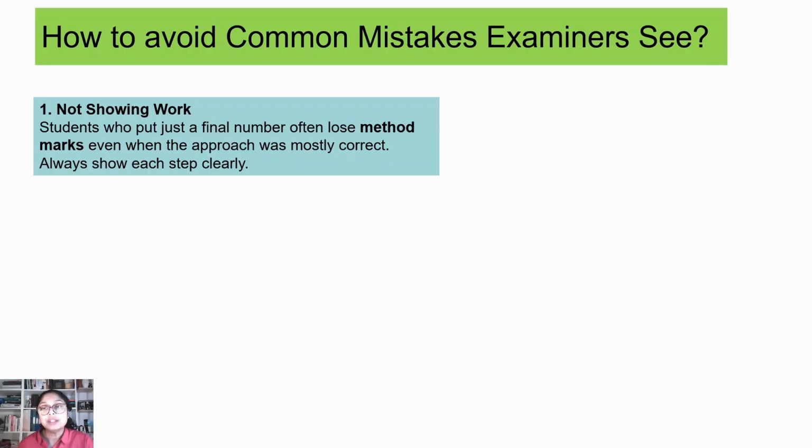So keep this in mind. With this strategy, you will not lose any marks for the method especially. Also, even if your final answer is incorrect, you can get the method mark if you have shown it correctly. So normally you can get 2 marks out of 3 if the final answer is not correct.